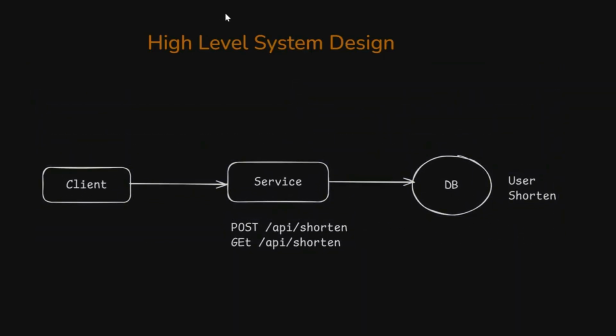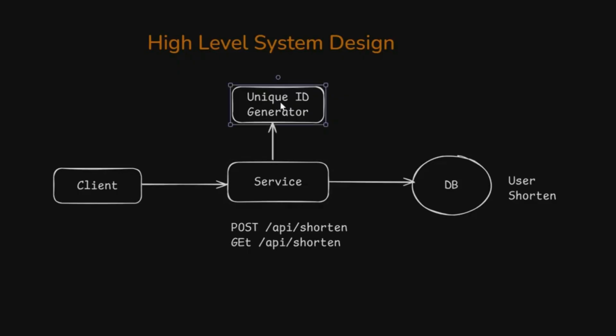So here we can have another service which abstracts how these unique URLs are being generated, right? The unique ID generator is one service which is generating the unique IDs.